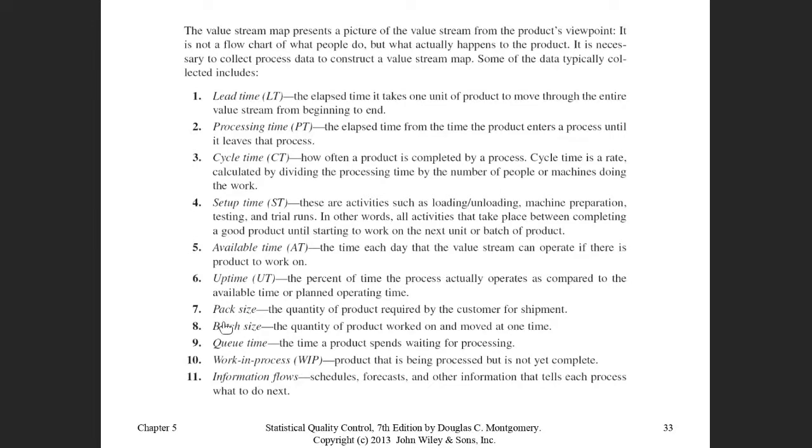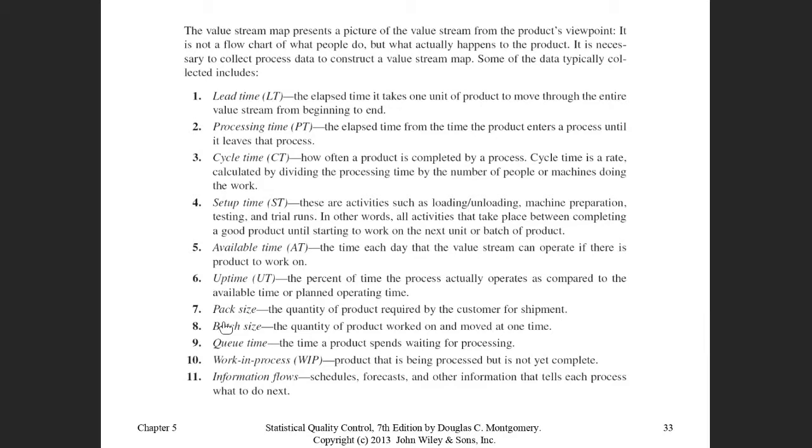The batch time is the one for the quantity of the products worked and moved on time. So you are having an order from Amazon, for example, or any online shop.